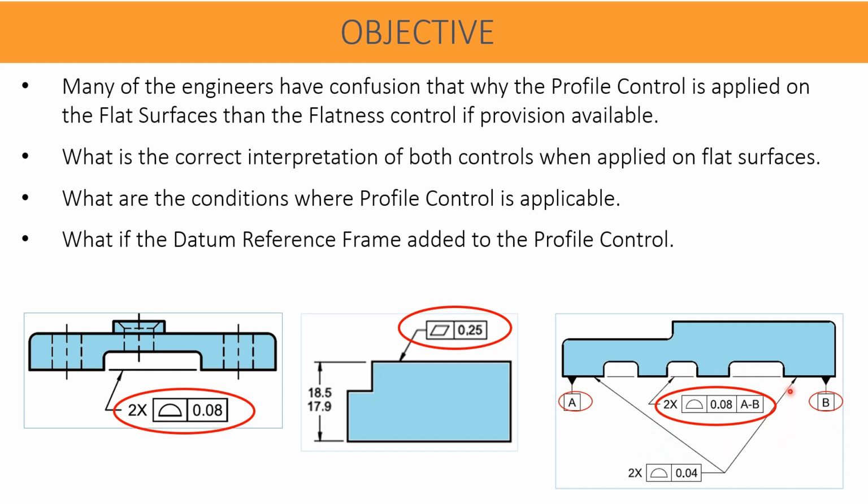It is a very important aspect of inspection when only flatness is applied, when only profile without datum is applied, and when profile with datum is applied. We shall also brief about the inspection of the profile surfaces.